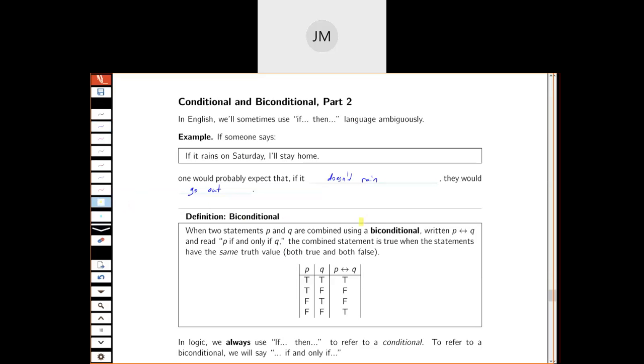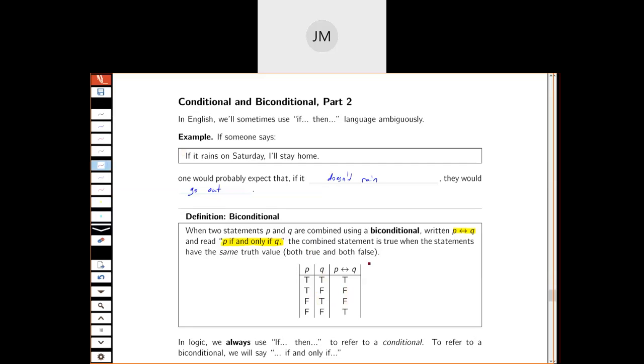We're going to write the biconditional with arrows going both ways, and the way that we read this in logic is P if and only if Q. When I look at the truth table, if P and Q are both true, if they match, the biconditional is true. If they match being false, the biconditional is true. It's when they don't match that the biconditional is false.